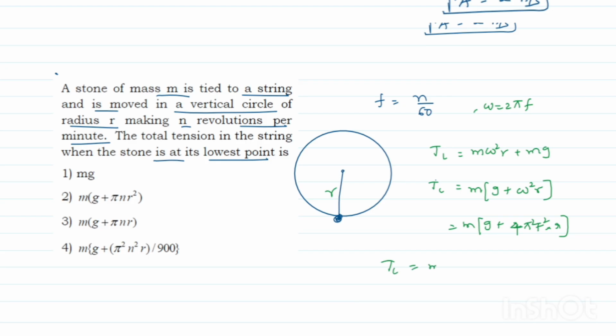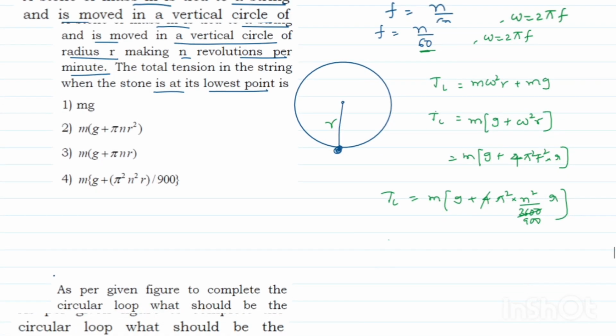Tension at the lowest point is m into g plus 4 pi square f square r. Here f is n by 60, so f square is n square by 3600, and 4 into 900 gives 3600, so the tension at the lowest point will be m into g plus pi square n square r by 900. So this is the correct answer.